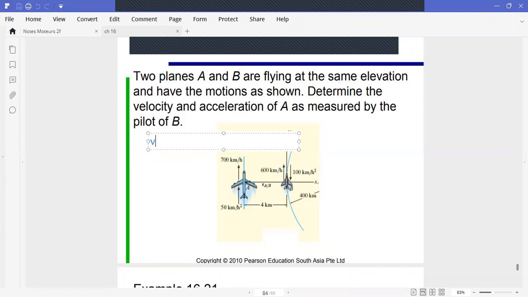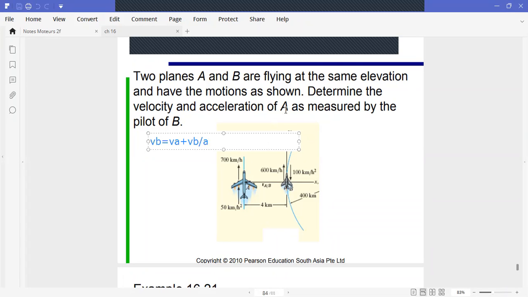V, for example, is VA plus VB relative to A. Yes, we can calculate VB relative to A by saying that VB is equal to VA plus VB relative to A. Okay? And this directly will give us the relative velocity. But I told you then you cannot calculate A relative to B.